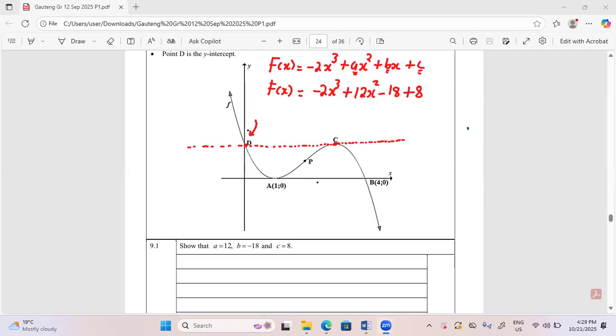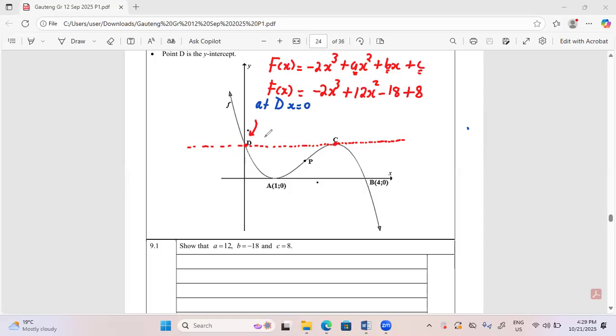D is the y-intercept of f, meaning that at D, the x coordinate is 0. At D, x is 0. So we are going to substitute on f of x, substituting x with 0 so that we can know y when x is 0.